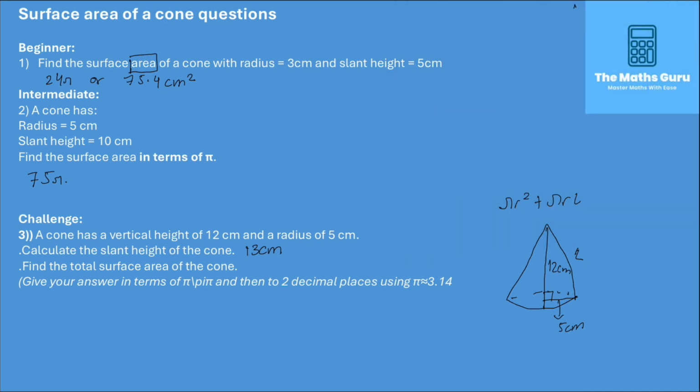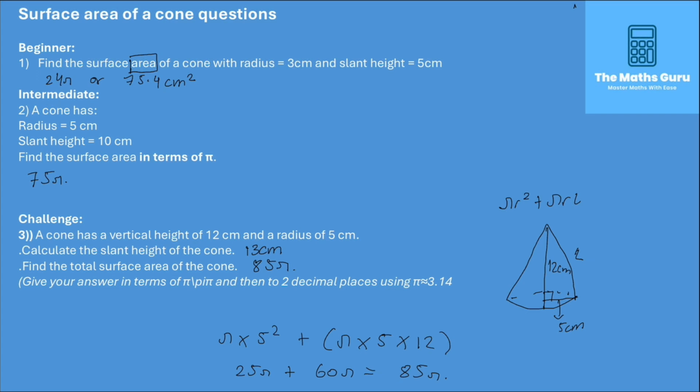So we apply pi times our radius squared, 5 squared, plus pi times our radius 5 again, times our slant height of 13. So we can call this 25 pi add 65 pi, which gives us 90 pi. And hence, that is our answer. Hope you guys got those questions right.